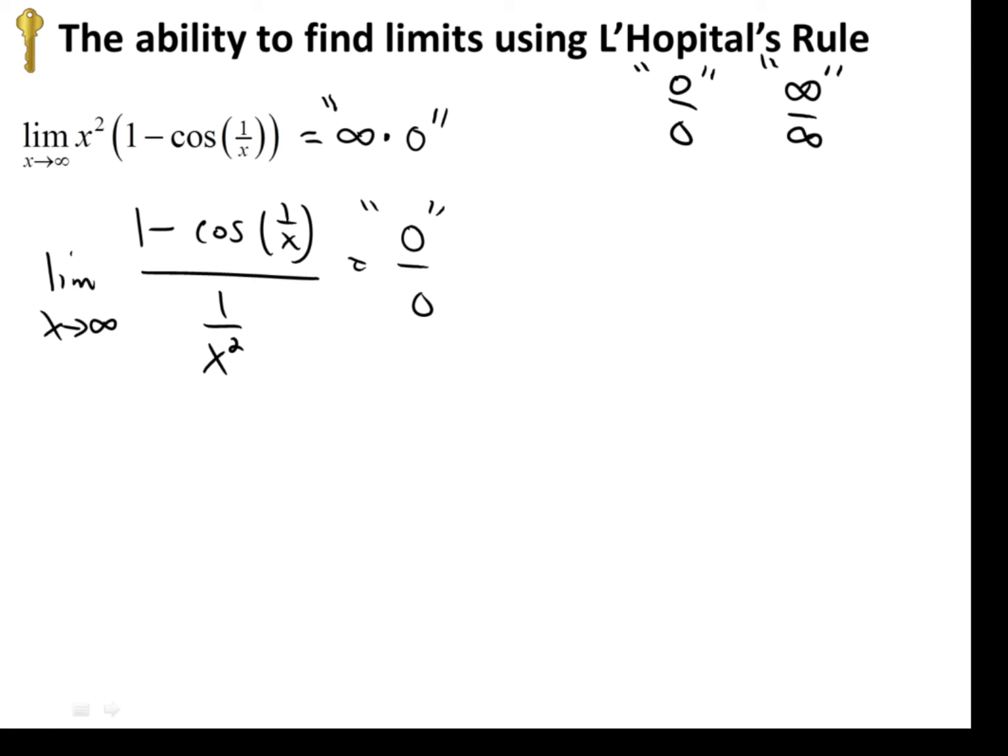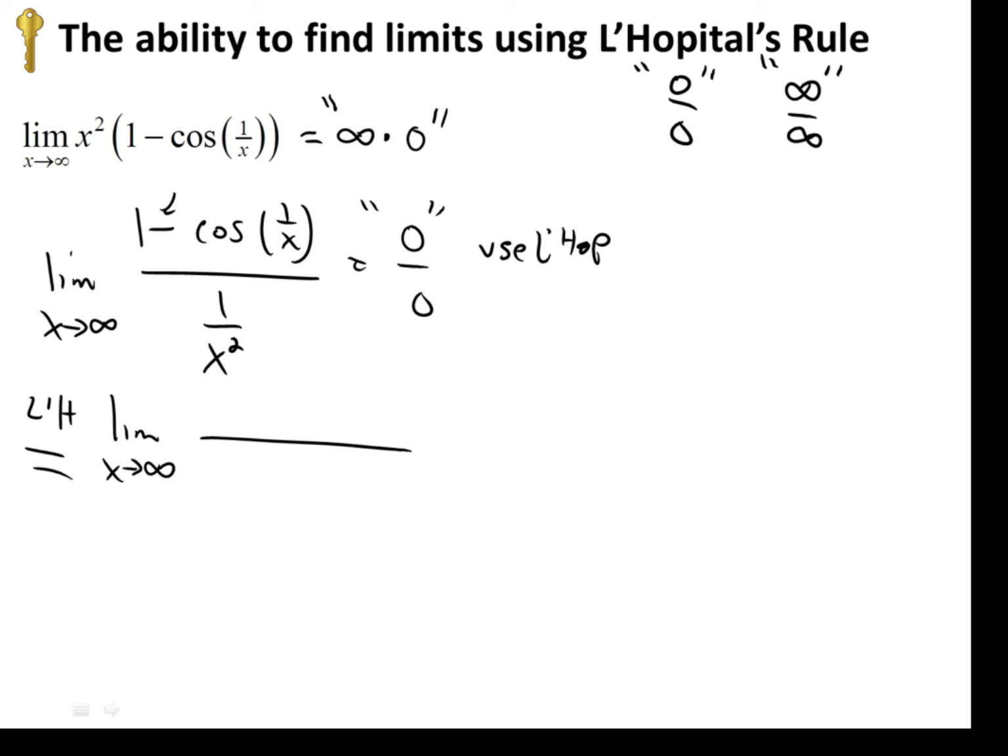So how does L'Hopital's Rule work? Okay, so we have to trade this in for another limit. We're going to use L'Hopital's Rule. Trade this in for another limit. The limit is still as x goes to infinity, and we take the derivative of the numerator divided by the derivative of the denominator. What's cosine's derivative?